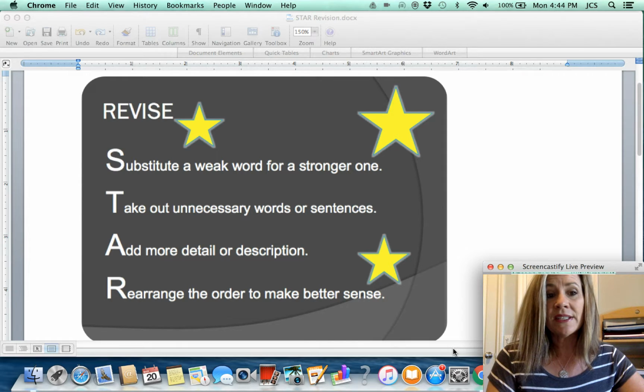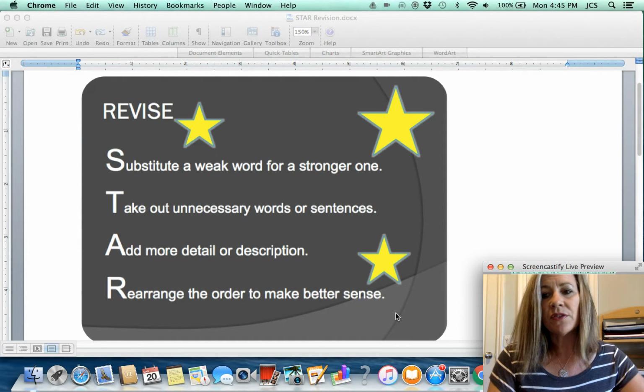So S, as you can see, is to substitute a weak word for a stronger word. T is to take out any unnecessary words or sentences. That can be the part that makes some writing too wordy. A is to add in more detail or description. R is to rearrange the order to make better sense.